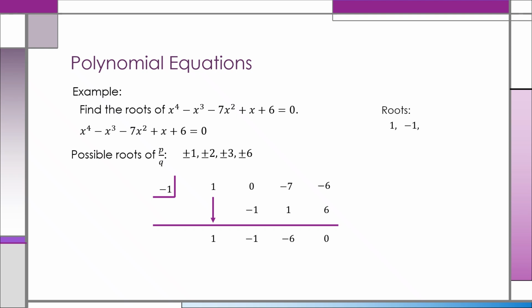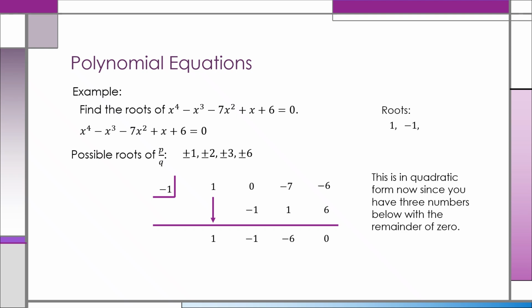Next step. My question here, students, is how many remaining numbers are there on the bottom row except the remainder? If you said 3, then you're correct. Okay? Since this is now in quadratic form. Meaning, we have, remember, 3 numbers left on the bottom row except the remainder.